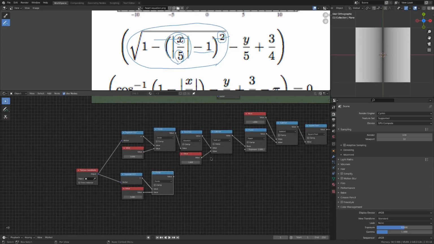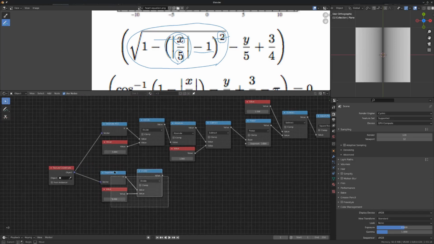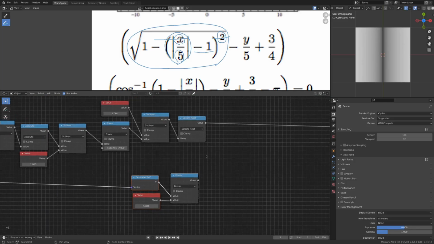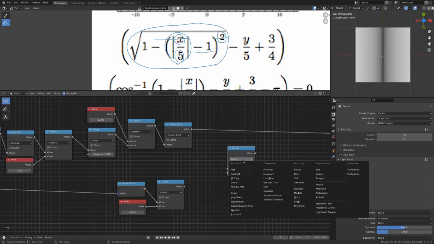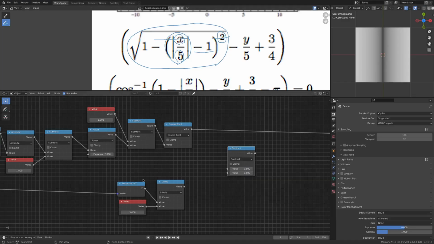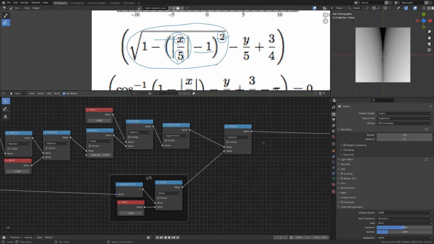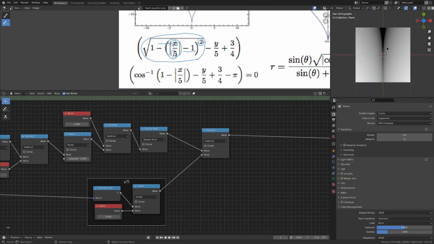If you find it hard to organize it, you can make them in a node group if you want. That is also a method of organizing it, but I don't have to organize because I know how it goes now. So subtract that, y over 5. So this is Ctrl J, which is y over 5 now. And we're going to subtract that and plus 3 over 4. Oh, look at this. Something is happening now.